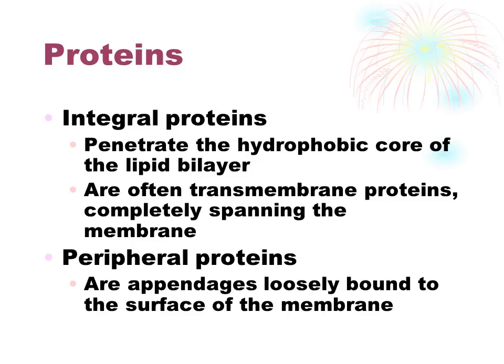They're often transmembrane proteins that completely span the membrane, embedded within our plasma membrane. Peripheral proteins, however, are only loosely attached to the surface of our membrane. They're not going to come in contact with those hydrophobic tails. They're only hanging out or sitting on top of our plasma membrane.